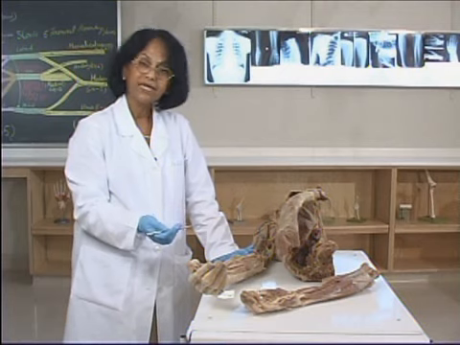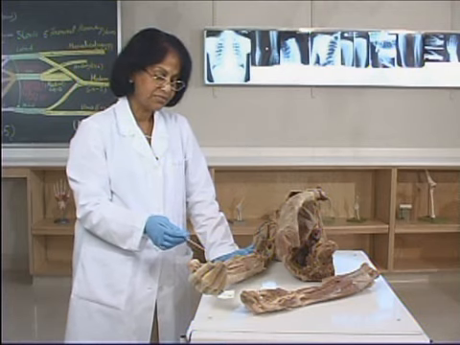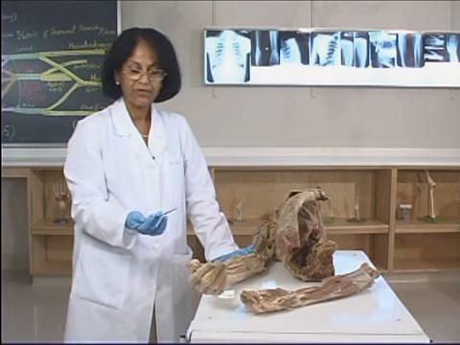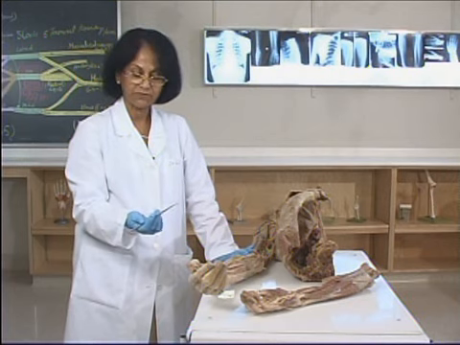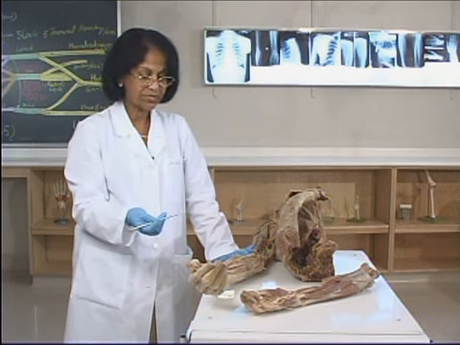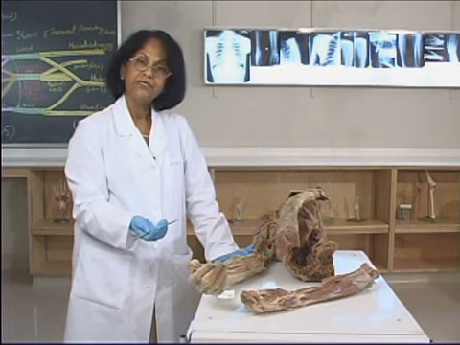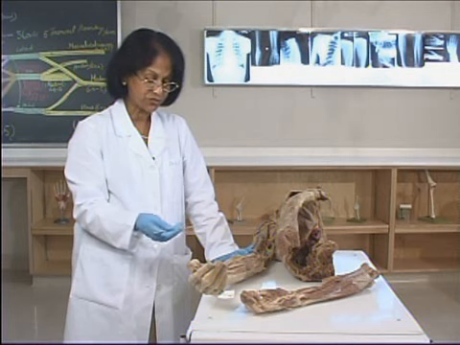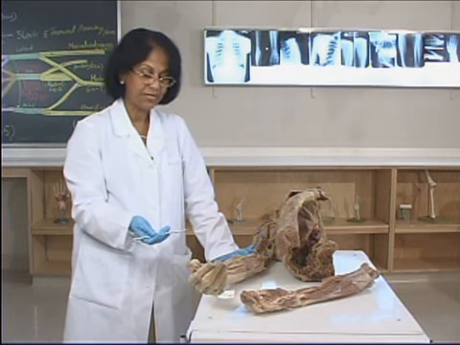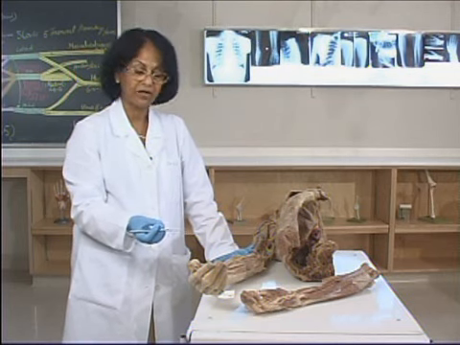In the second layer, we see the flexors of the PIP joint of the fingers, and in the third or deepest layer we see the flexors of the DIP joint of the fingers, which is the distal interphalangeal joint, as well as the flexor of the thumb.